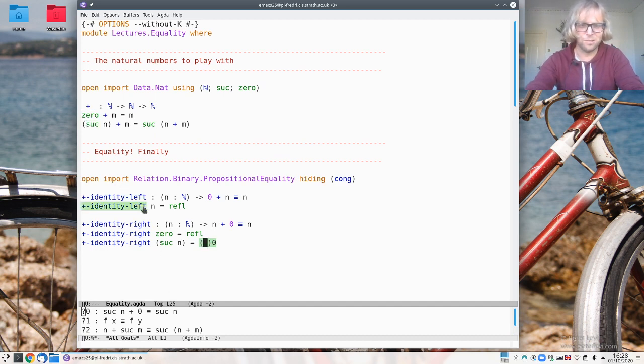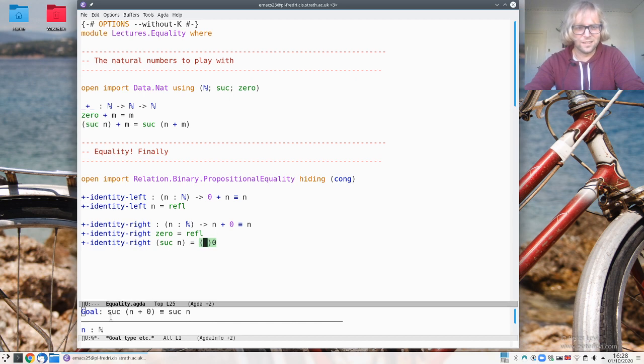So now what we have to prove is that suc of n plus 0 equals suc of n. Because the suc of n is the n we're looking at, and we have computed according to this line, where we had suc of n plus 0, and that computes to this. Okay, so that looks like something we could do if only we could peel off these sucs on the outside.